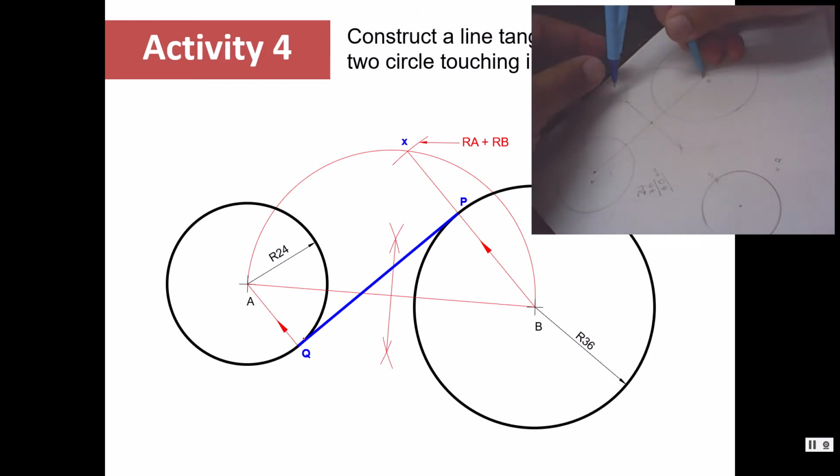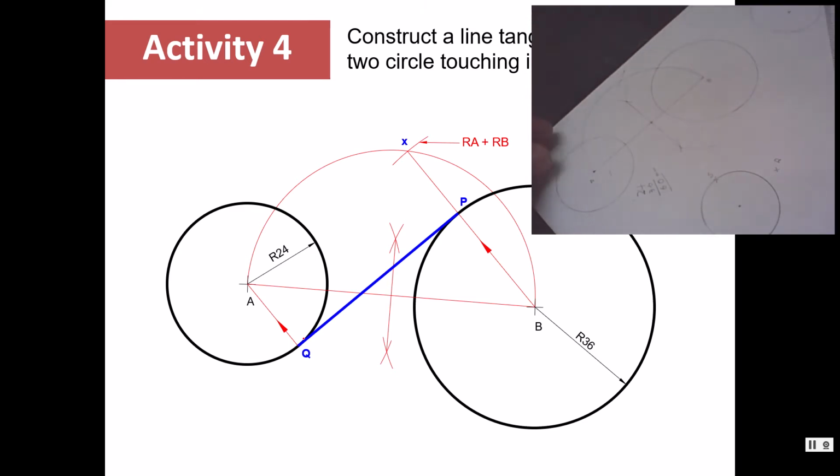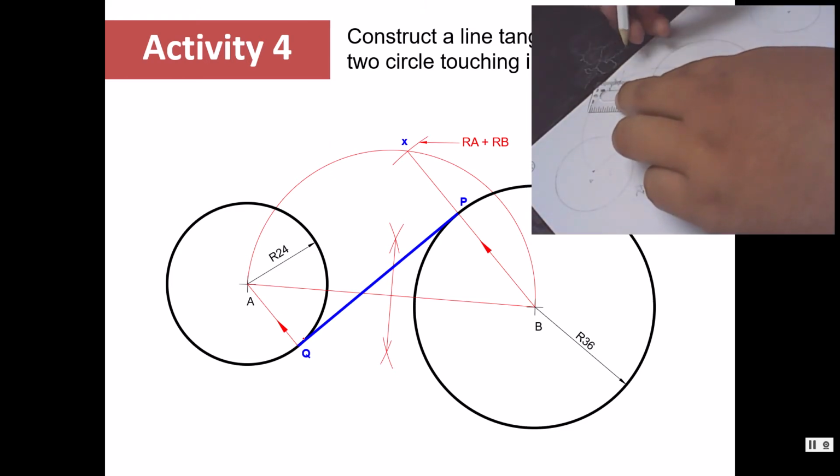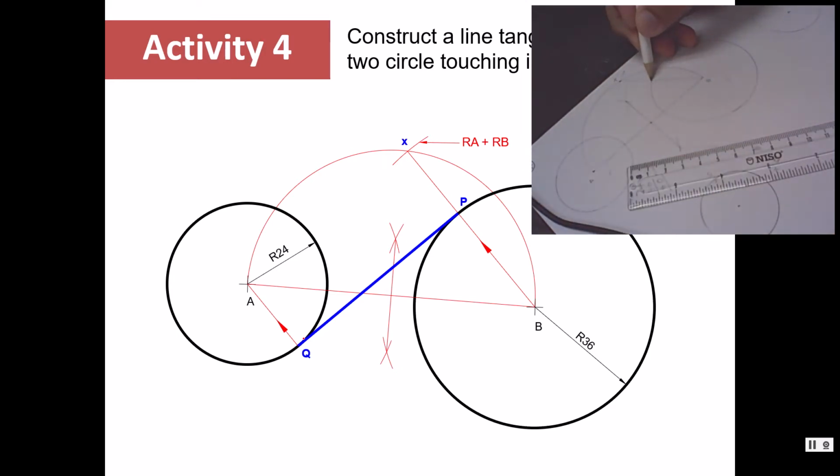Okay, from point B, 60. So this is the X point. So now what we want to do is to just draw a straight line from point B to X, touching the line of the circle. So this is the line, and this point will be P.